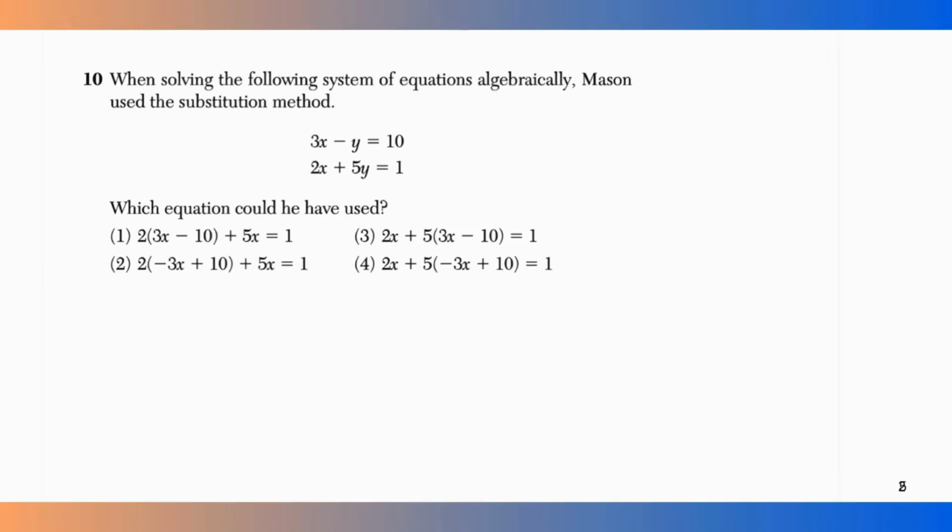Number 10, when solving the following system of equations algebraically, Mason used the substitution method. Which equation could he have used? Now, when we look at each of the answer choices, we notice that they all equal 1. So that means that he was trying to substitute into this second equation, the bottom equation. But when I look at answer choices number 1 and 2, he replaced the y with an x.